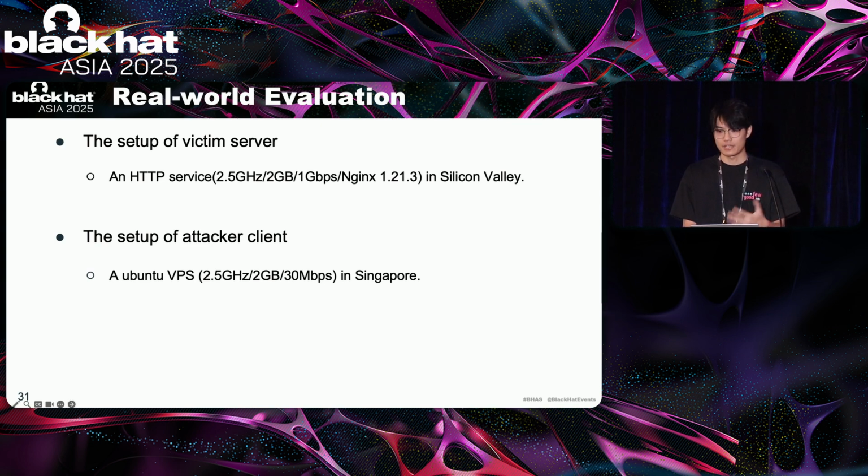We used a cloud server located in Silicon Valley as the victim. It's running an HTTP service on 1 Gbps. And the attacker was a low bandwidth VPS located in Singapore, running only 30 Mbps.